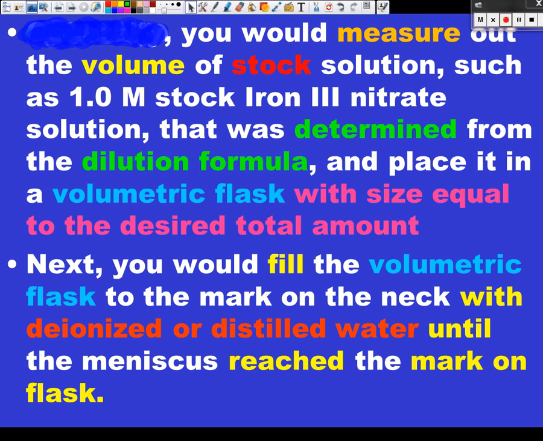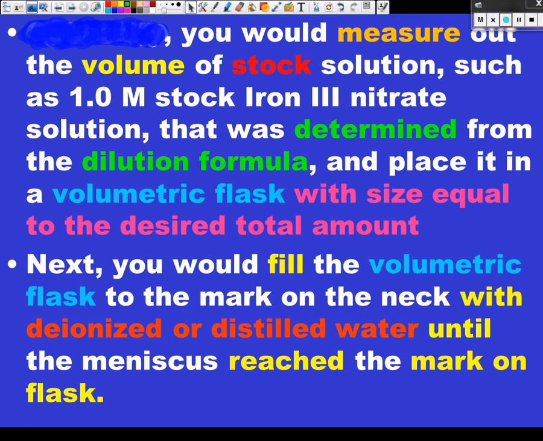Now, that part that is in purple kind of sounds odd because we can make it a little more specific. True or false? True. With the size equal to the desired total amount. That doesn't sound right. What would you want to say to make it more accurate? The actual volume you need.